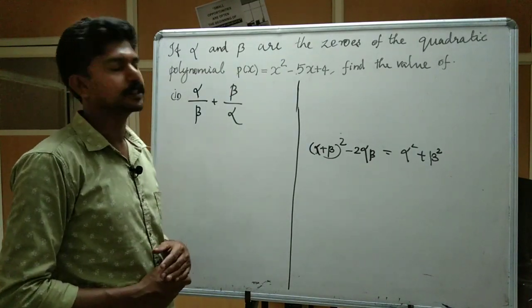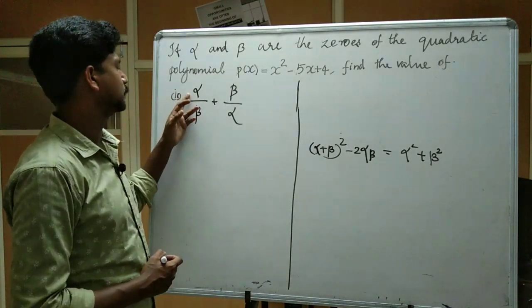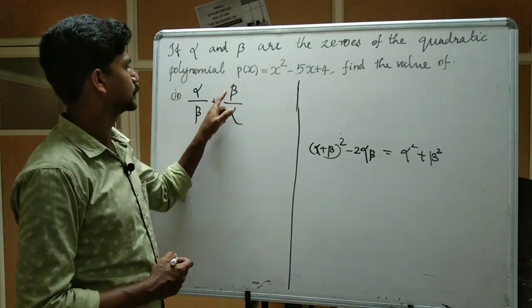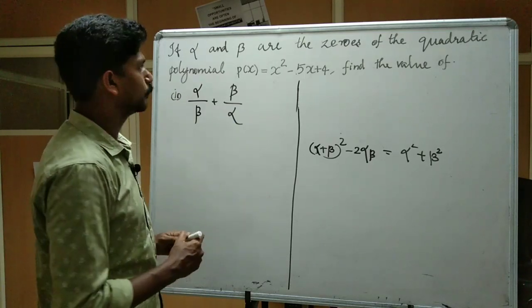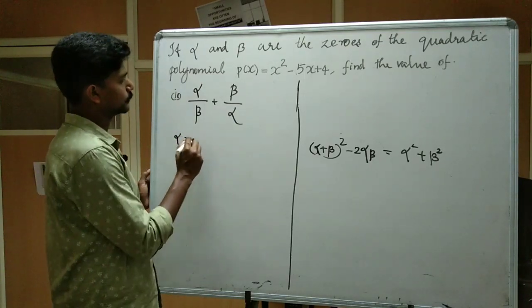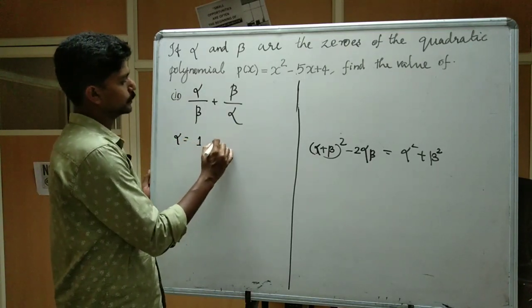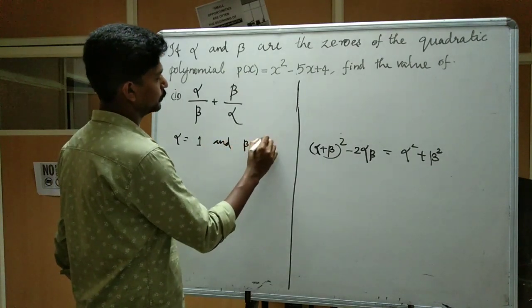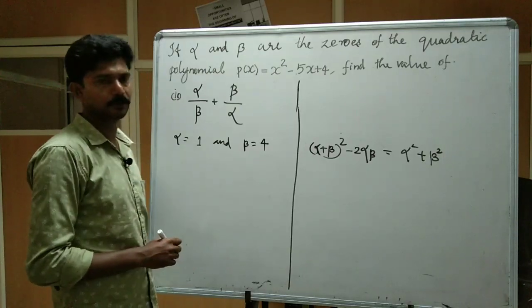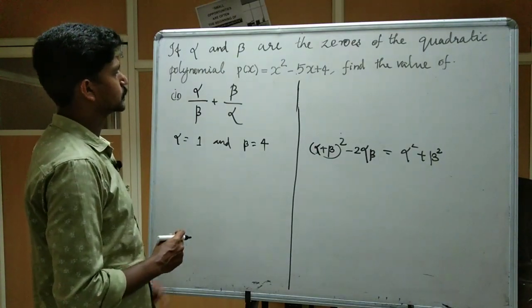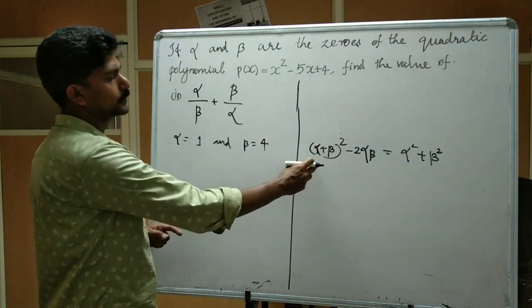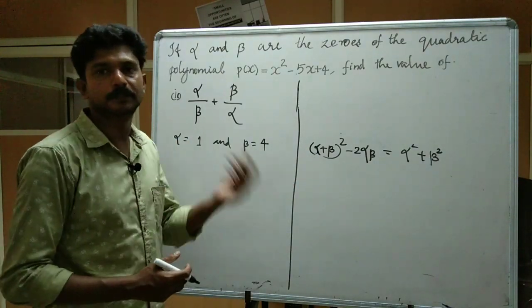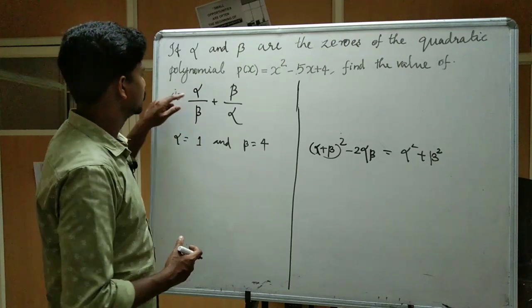In the same question, let us find the value of alpha by beta plus beta by alpha. We have already found that alpha is equal to 1 and beta is equal to 4. We can use the identity we just saw in the previous question.